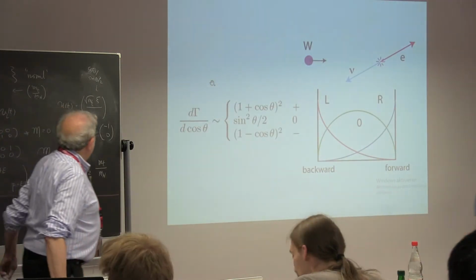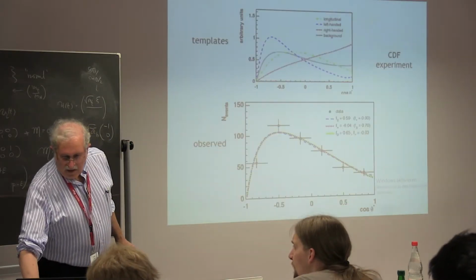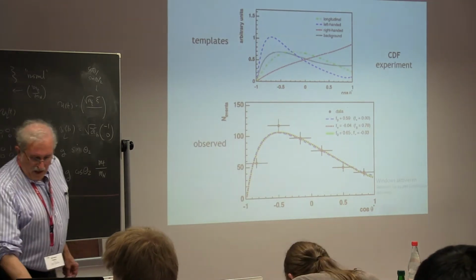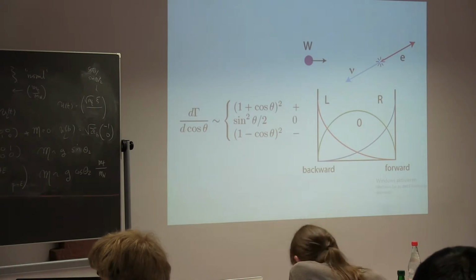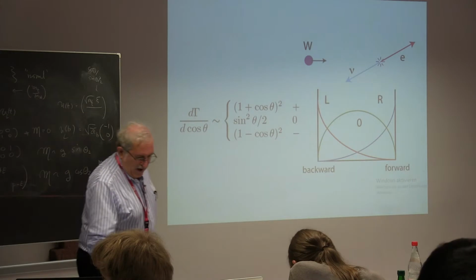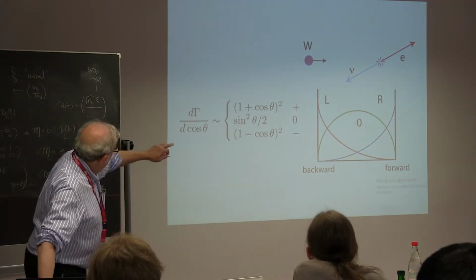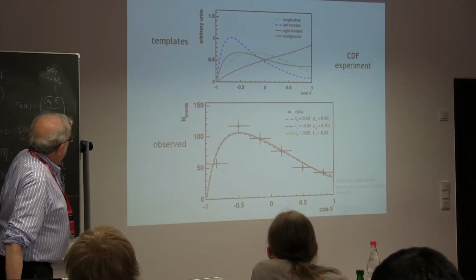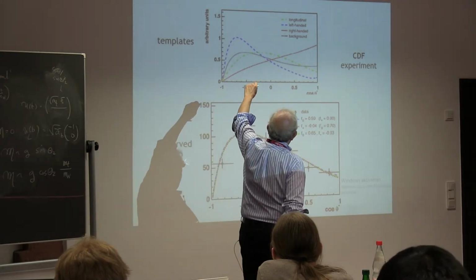Yeah, okay. So this is what I just told you. And now here's an analysis that was done by CDF, which is very clear. The problem is always that the low energy leptons have poor acceptance, and so you have to correct for that. After you correct for that, this beautiful diagram looks more like this.